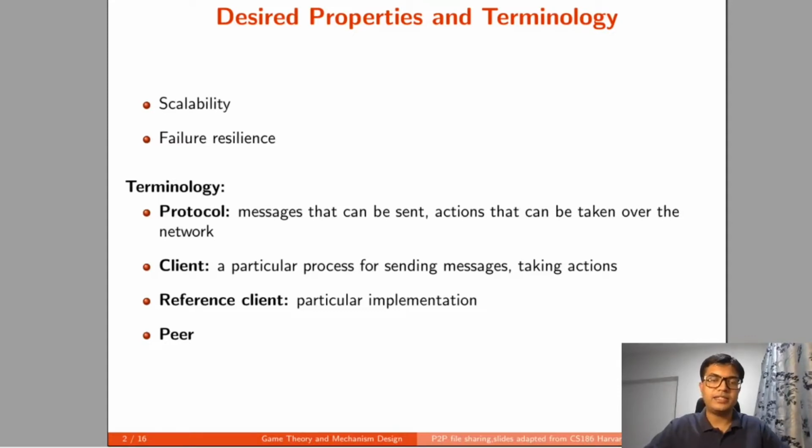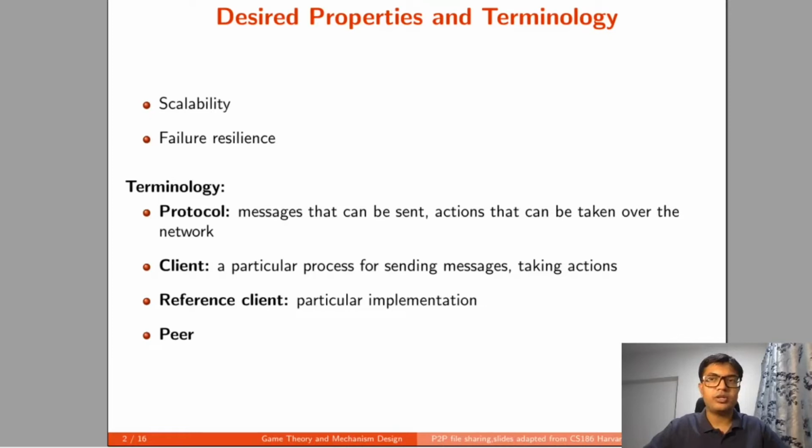A client is essentially a process of sending messages and taking actions. A client is of course also a user who is trying to download some files, but at a more abstract level, it is the process that is generating those messages or taking those actions.